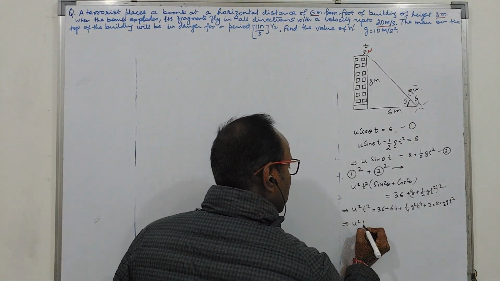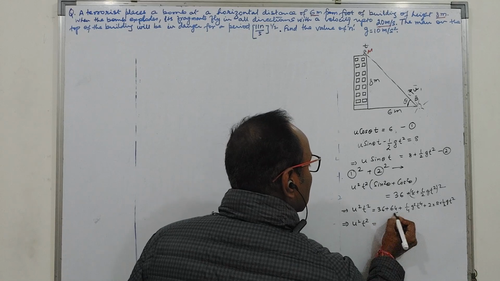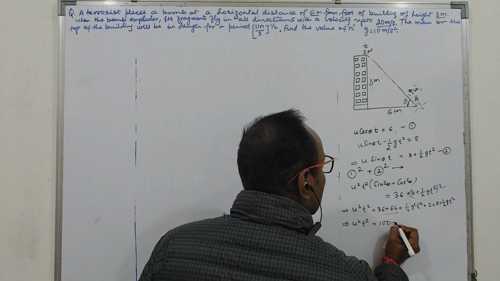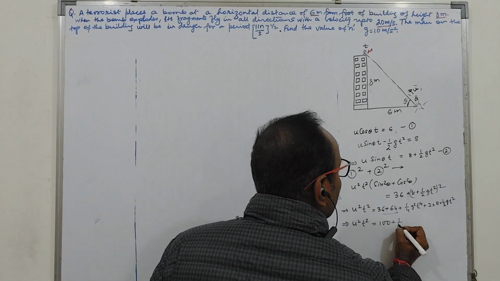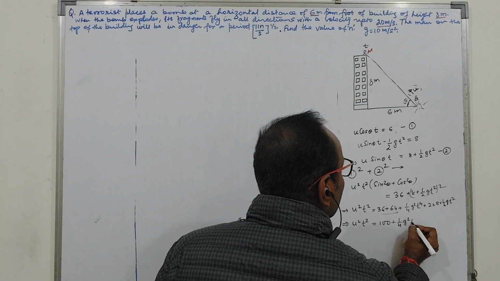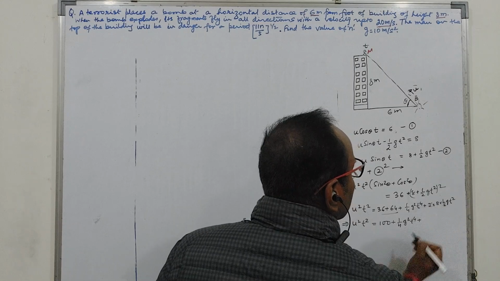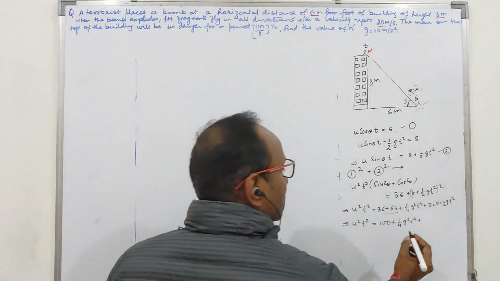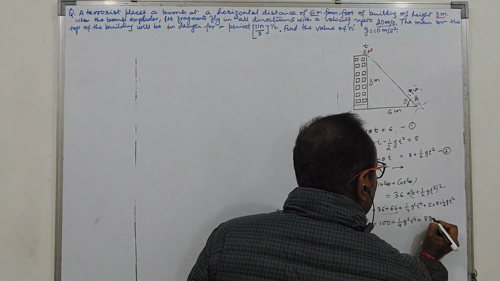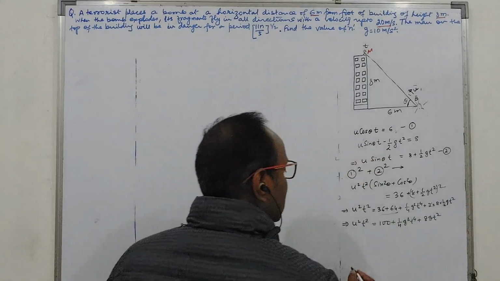So you got u square t square 100 here, 154 g square t4, 2 and 2 is cancelled, so 8 gt square, right?